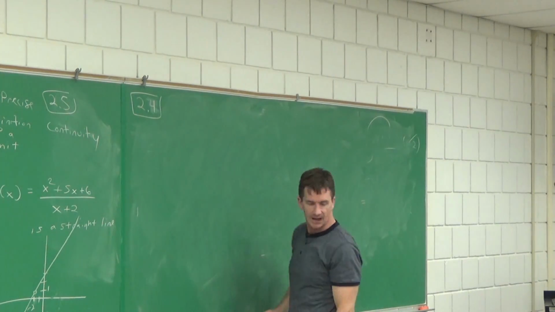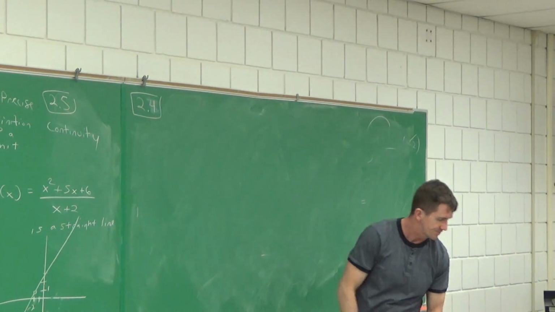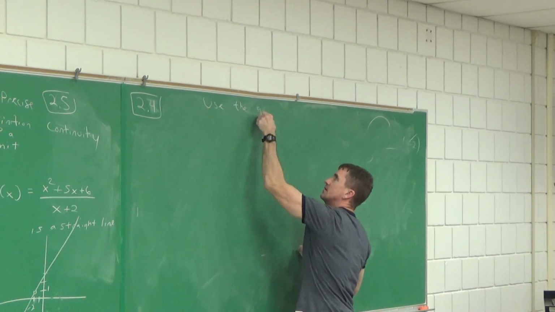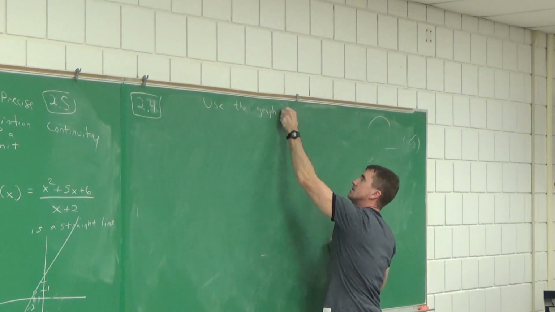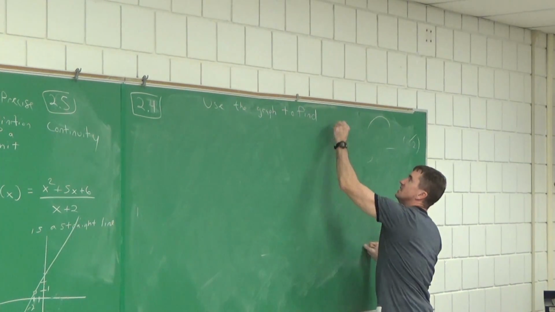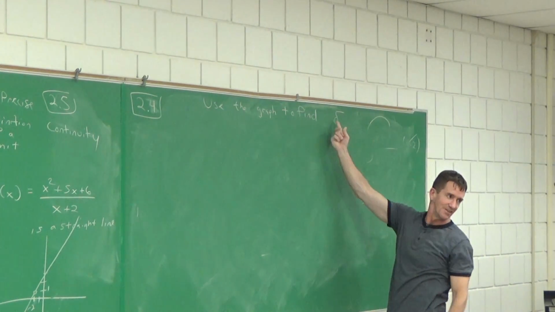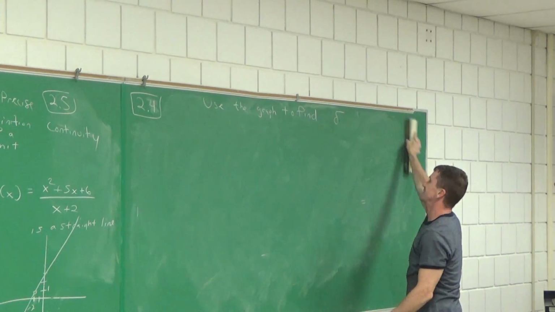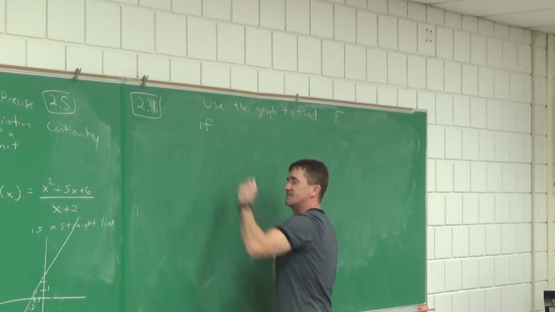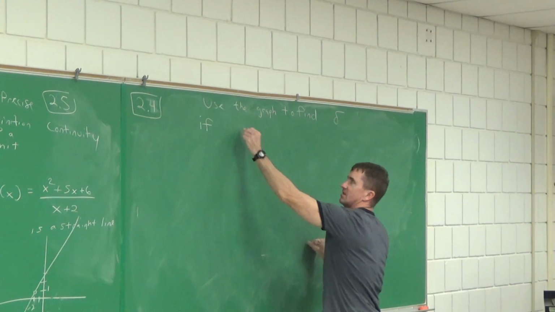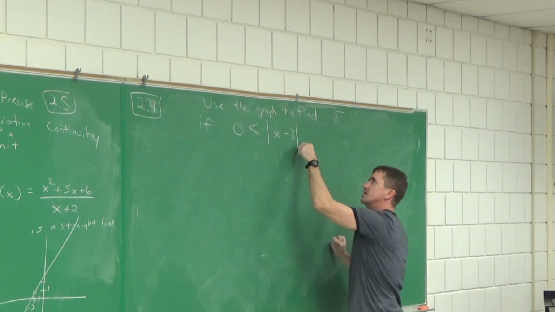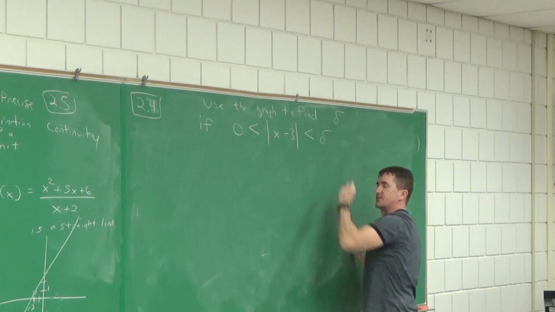Okay? So, here's the problem I wanted to show you. Alright. They got this. Use the graph to find delta. If 0 is less than or equal to the absolute value of x minus 3, which is less than delta.